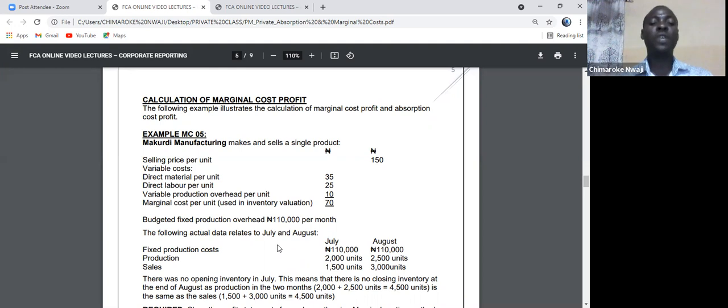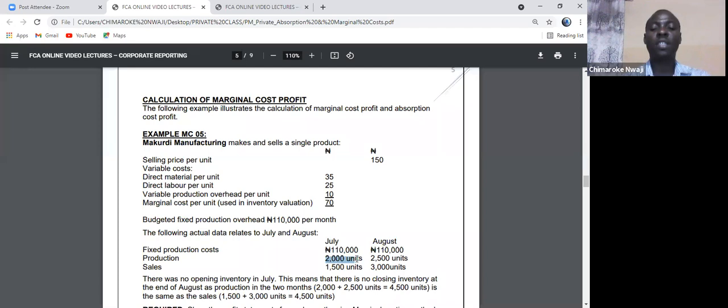Now, the following actual data relates to July and August. Can you see that your fixed production cost is 110,000 naira for each month? So it corresponds to what has been budgeted, and there is no over or under absorption here. Now look at the exciting parts.